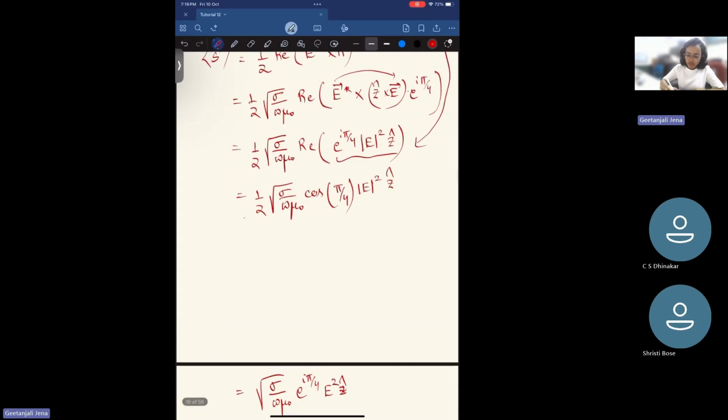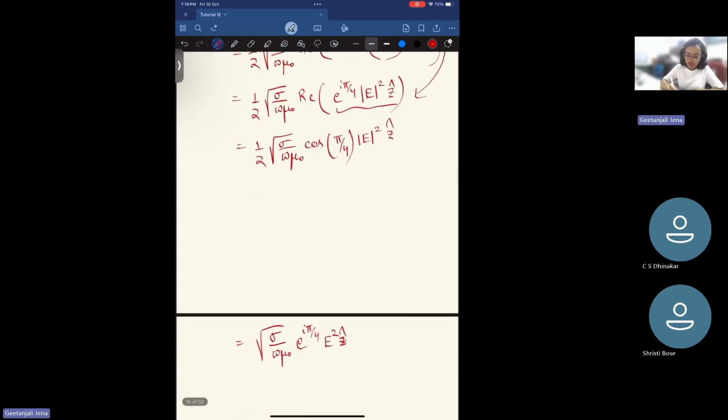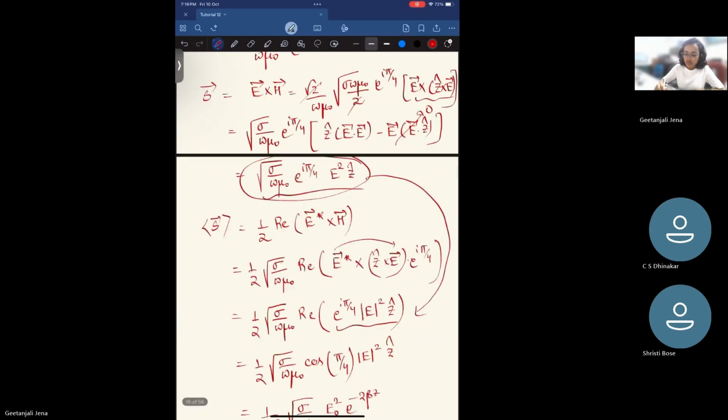So we will get a 1 by root 2. So now we have 1 by 2 root 2, square root of sigma omega mu naught E square. This will give A naught square. Mod of A square will give A naught square e to the power 2 beta z, right?